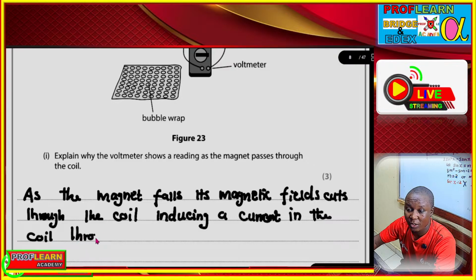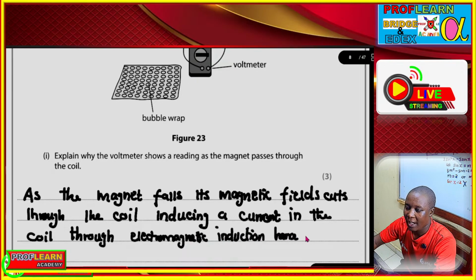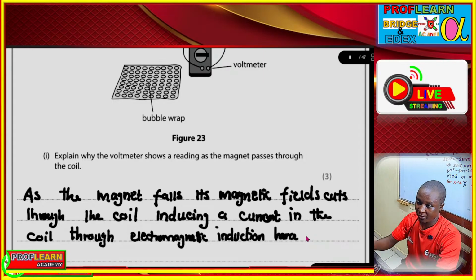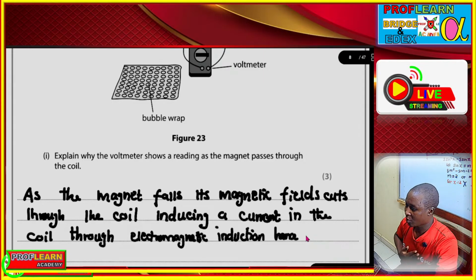So the meter is going to detect that amount of current that flows through. That's what we're going to say in that particular part. And this induced EMF is induced through electromagnetic induction.